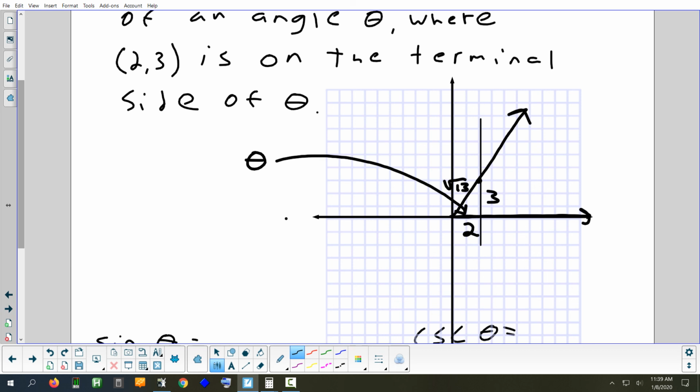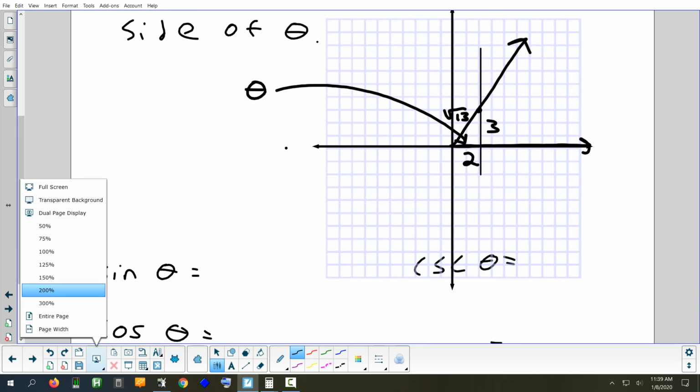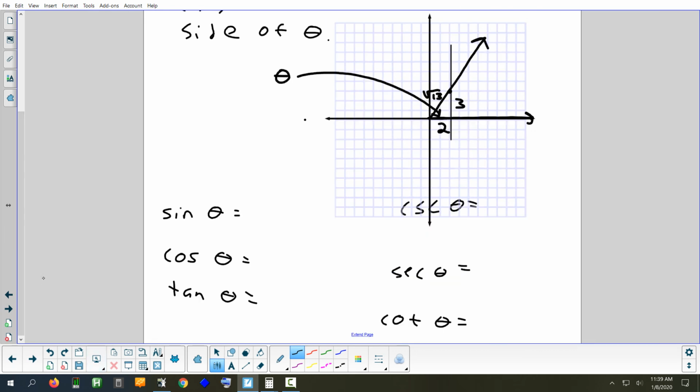Now from here, this is just like a problem we did yesterday. Okay? What's the sine going to be? Chris? 3 over square root of 13, which then becomes 3 root 13 over 13 when we fix it.